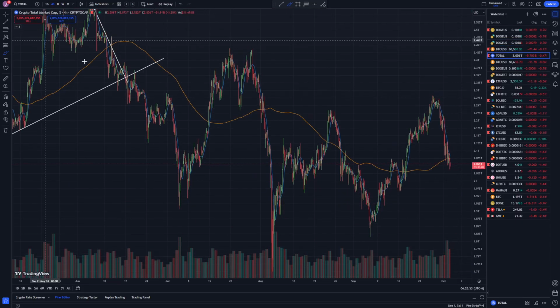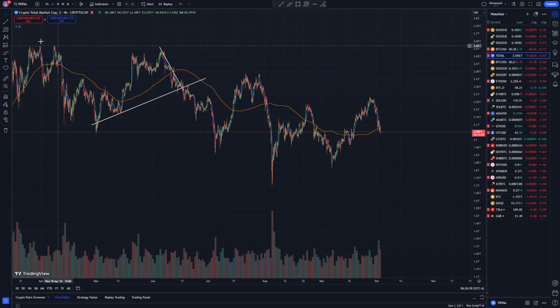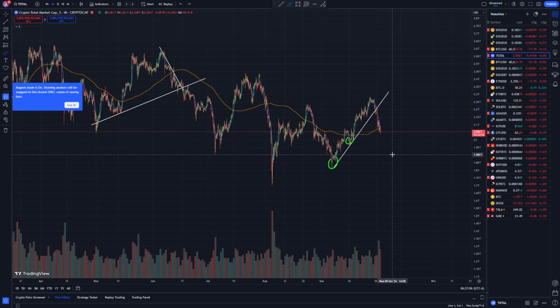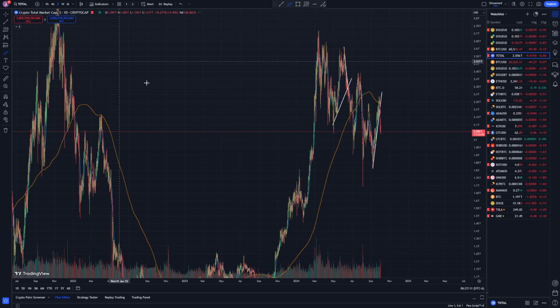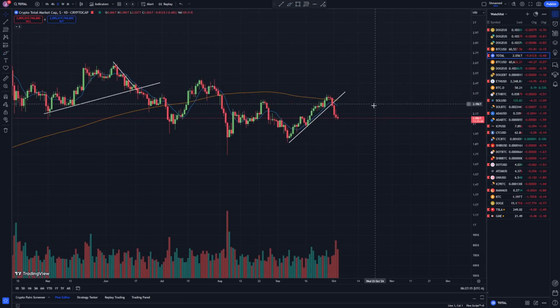I haven't really looked at this chart until just now, but it's probably doing a similar thing where we had an uptrend, something like this, support heading to the upside, and then we broke that going down. Let's go to the daily time frame on this. This chart is basically all the money in crypto.